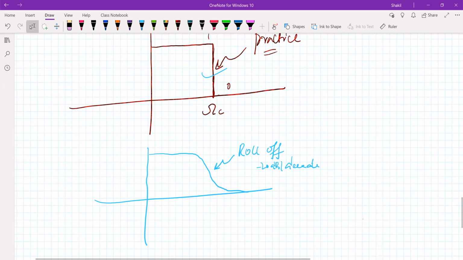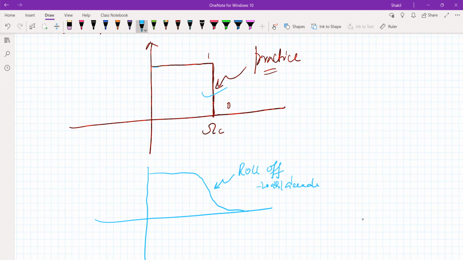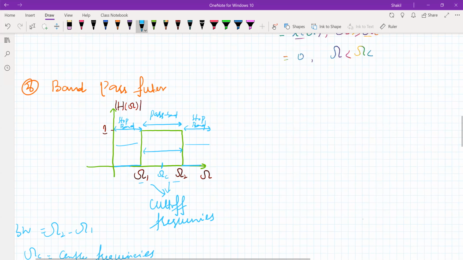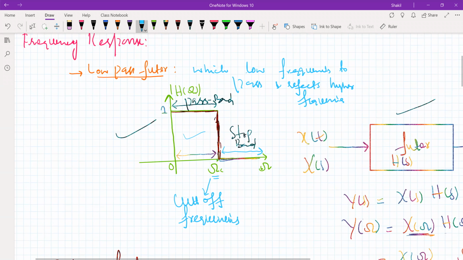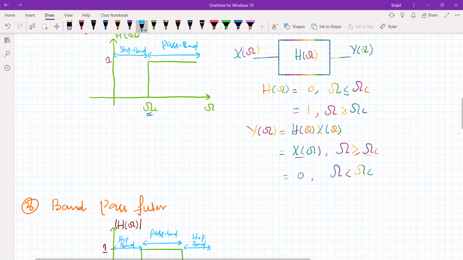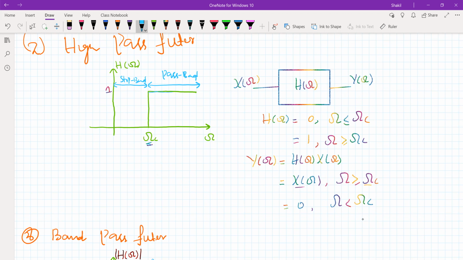One more thing, we allow the response of this filter in the pass band to be flat. You can see the response is flat, and in the same way in the high pass filter, the response is again flat, right?